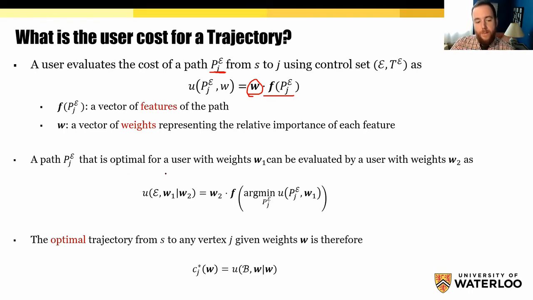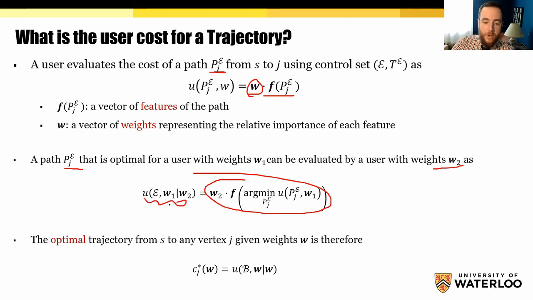We notice also that a path PJE that is optimal, say, for a user W1 can be evaluated by a user whose weights are W2 as follows. So parsing this a little bit, the cost U_E(W1, W2) is read: the cost of a path using edges only in E that is optimal for a user whose weights are W1 being evaluated by a user whose weights are W2. And this is given as follows.